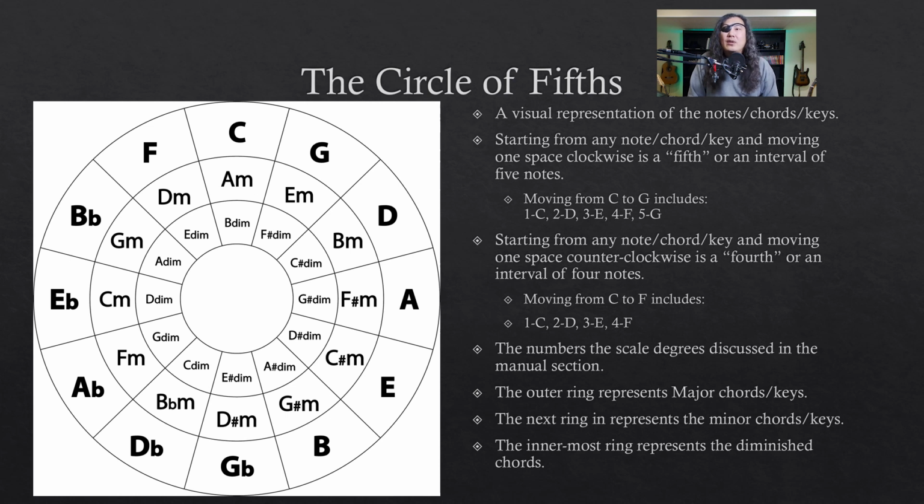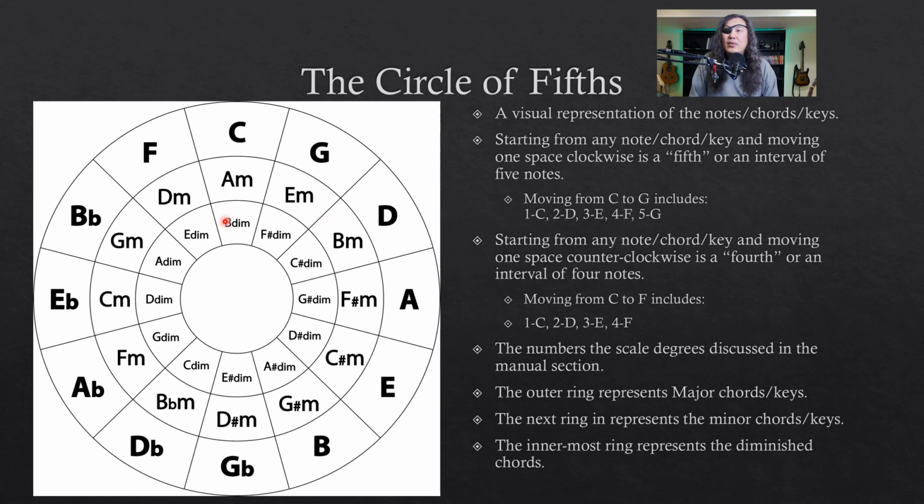So if we look at the circle of fifths, what we can see is that the outer ring represents all of the major chords / keys. The middle ring represents all of the minor chords / keys.